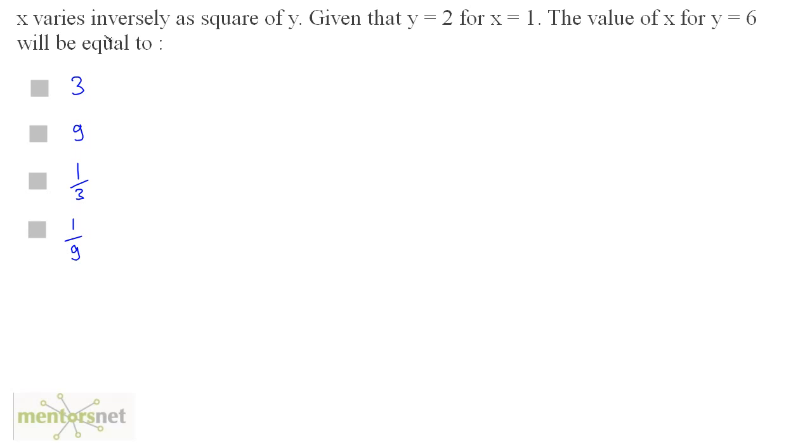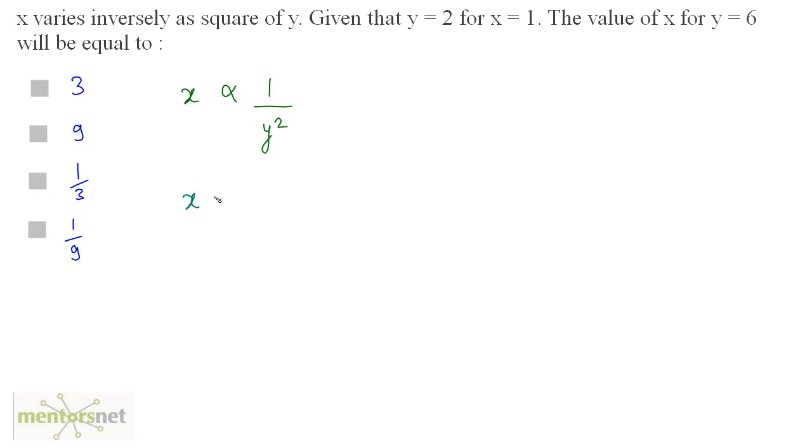So x varies inversely as a square of y. So this can be written as x is inversely proportional to y square. This is another way of writing proportions. You may have heard this in your physics classes. So to make this an equation, actually you need to add a constant.